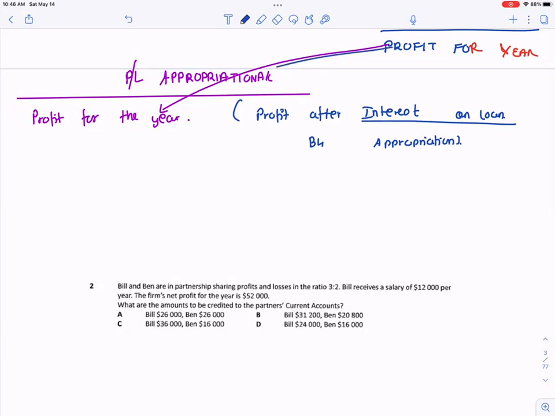This profit for the year, which is brought down, has different names: profit after interest on loan or profit before appropriation. Are you with me? Yes.